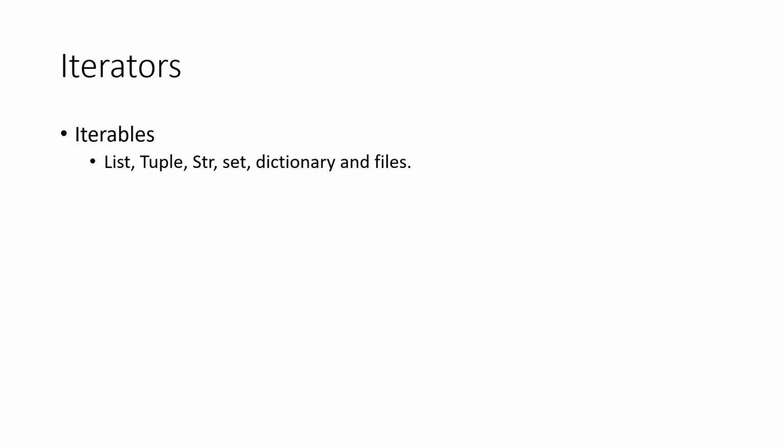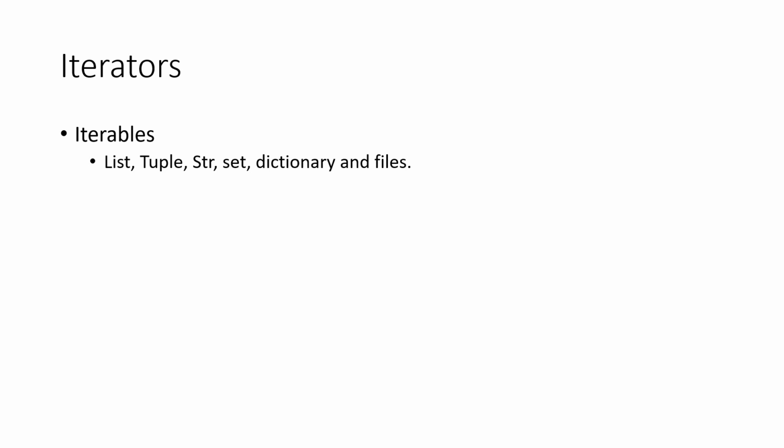All of these are iterables. In a list, we can iterate through every element in sequence. Even in a tuple, we can do it. In a string, we can iterate through the individual characters. A set can also be iterated, a dictionary can be iterated, and even in files, every character can be iterated.